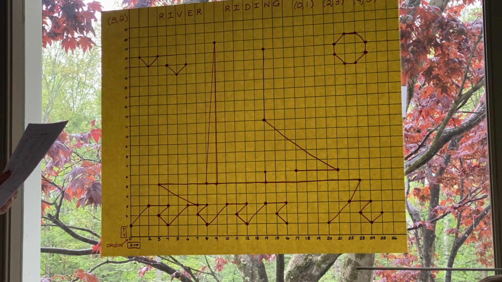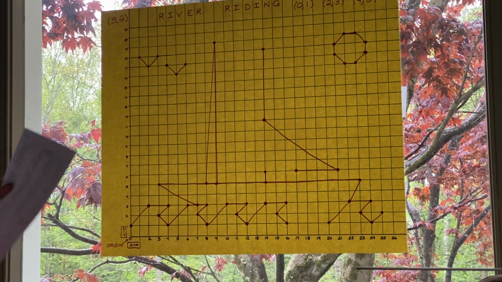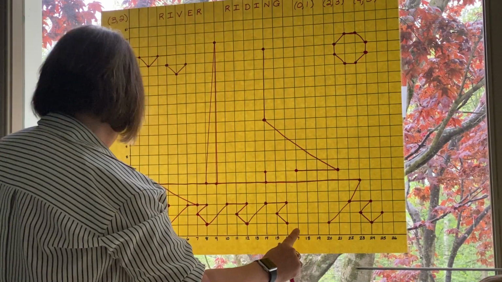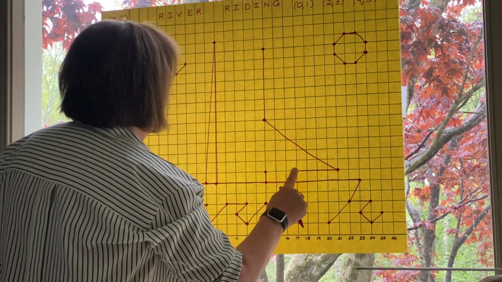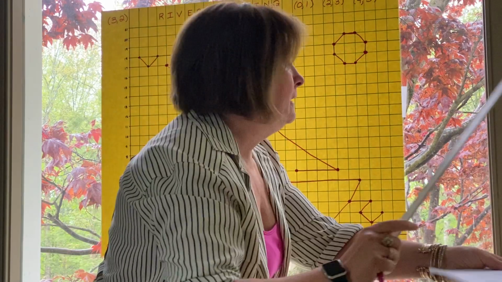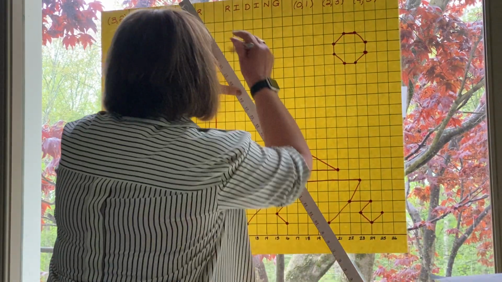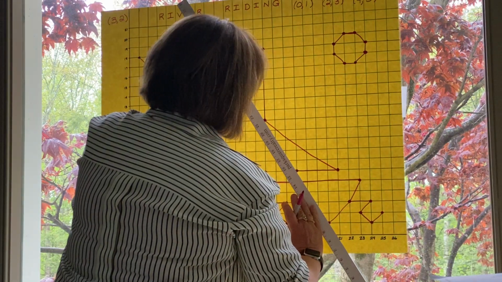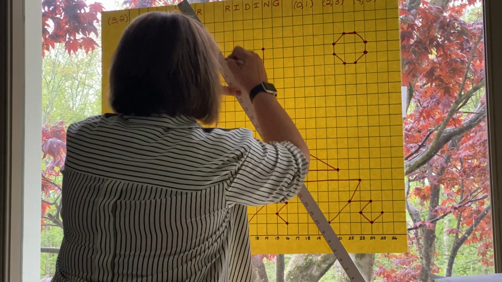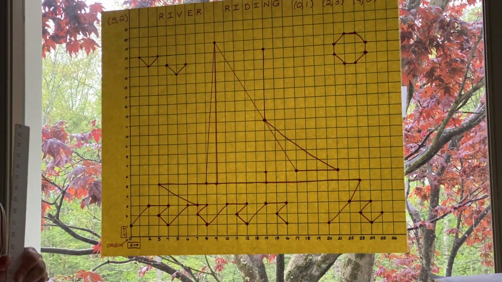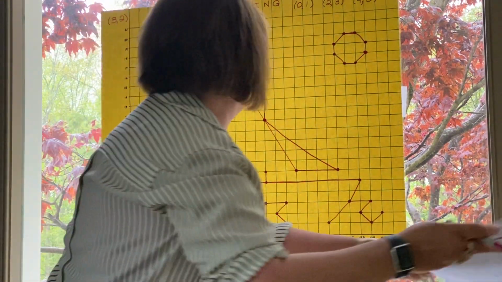Let's do that. So that looks like maybe a mast. And then from 9, 19, we do 17, 6. Over 17, up to 6, which is already marked. And we're going to connect those two together. Okay. I think I was right. That's looking more and more like a sailboat to me.